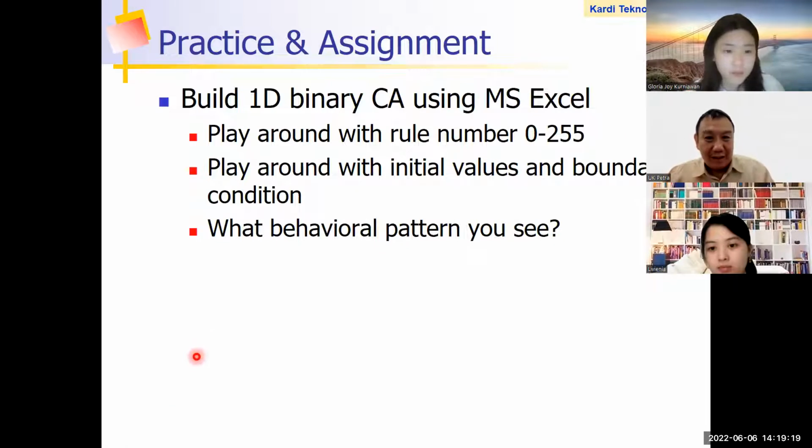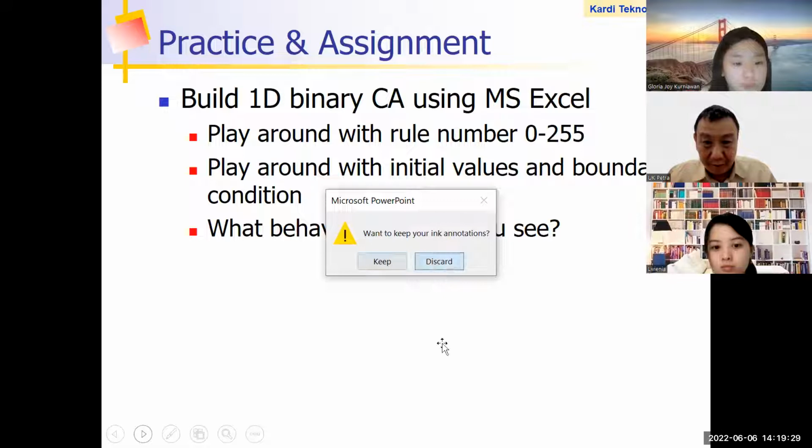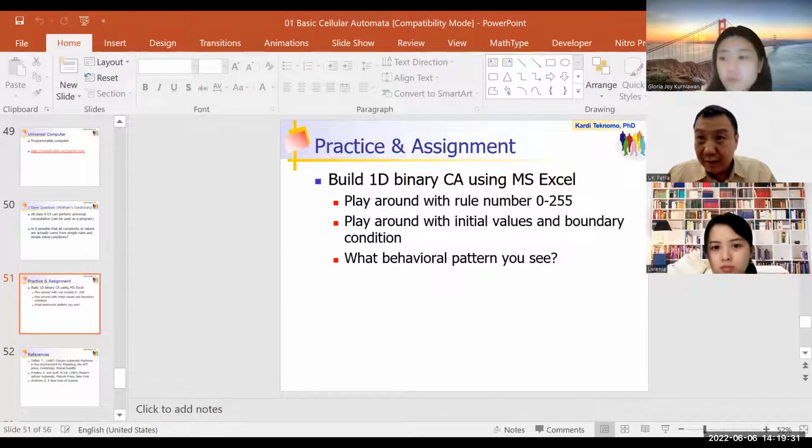So that's the next question, right? So, I will not give you an assignment, okay? But if you want, you can just try on your own. I will give you an example.